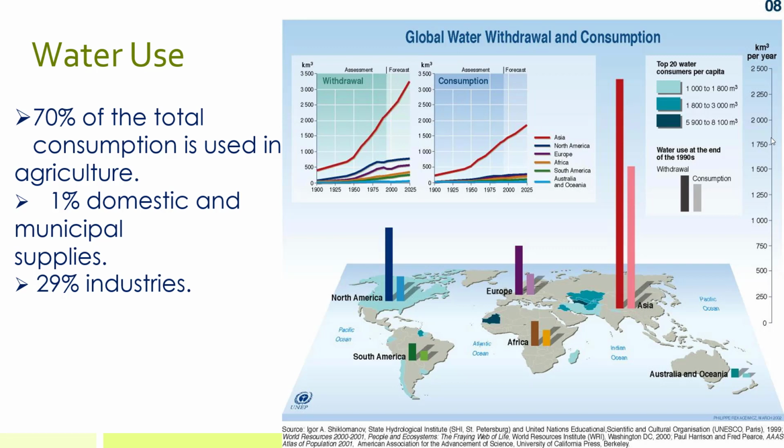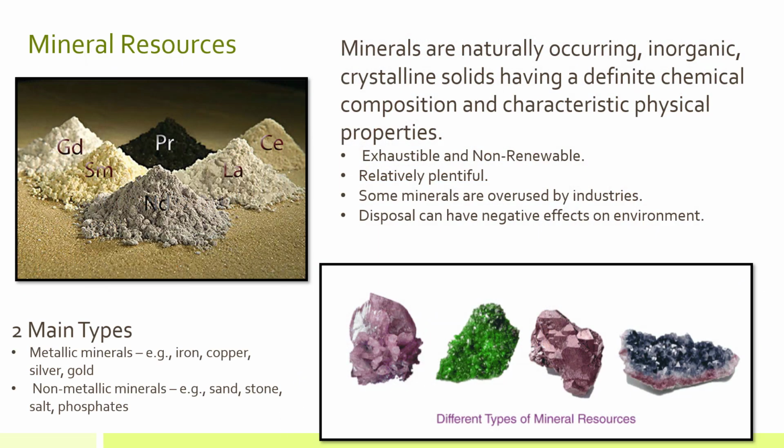And then the scale over here corresponds to these bars that you see in the various colors, and you could then get an estimate of cubic kilometers per year. But visually, it's very quick to look at, and it's really easy to see patterns and to interpret large data sets.